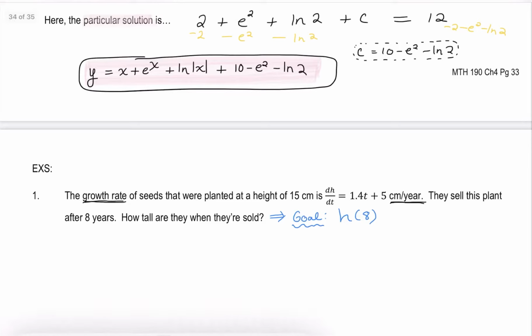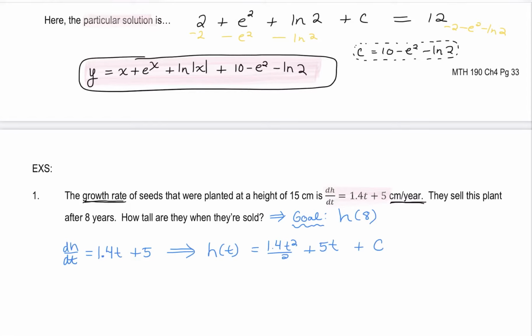So what we are going to do is start with that original differential equation and say, okay, if my dH/dt, I'll just recopy it here, is 1.4t plus 5, that tells me that h of t is going to be 1.4t squared over 2 plus 5t plus our arbitrary constant.